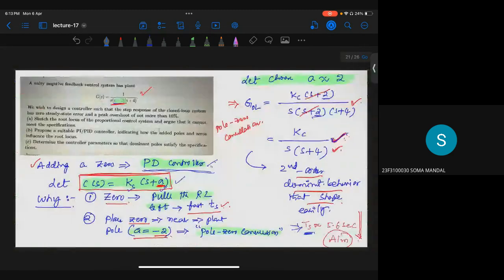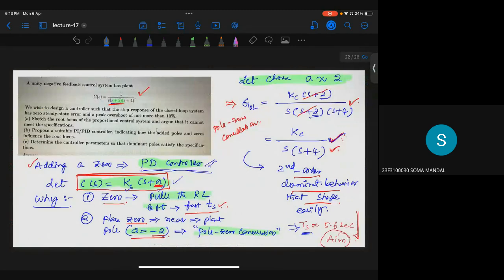What this PD controller is doing is adding a zero. Once you add a zero, it will pull the root locus to the left, which ultimately reduces the settling time. So the question is how much you need to pull. That is your design part. Is that clear?